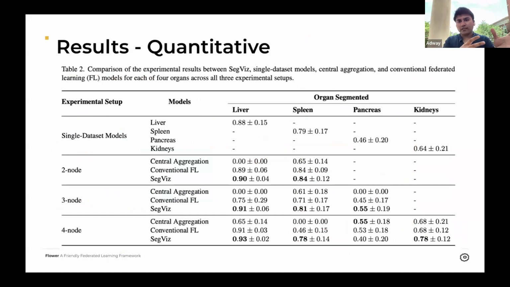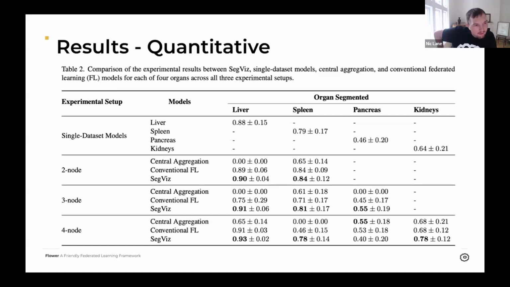For big organs like the liver or the kidneys, or even the spleen, which I would say is a medium-sized organ, you see much better performance, and that's why you see higher numbers in almost all cases. Whereas for the pancreas, because of the complex nature of how the organ is visible in the image, and also because of how small it is, you don't see great performance. Hmm. I see. Interesting.